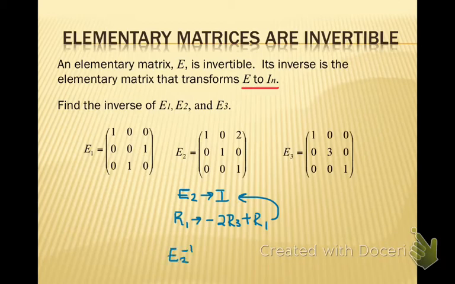So E2 inverse is 1, 0, negative 2, 0, 1, 0, 0, 0, 1. Again, you want to verify that this E2 inverse is the correct one by multiplying it on both the left and right of E2 to show that you get the identity.